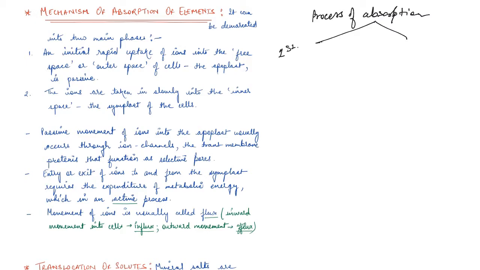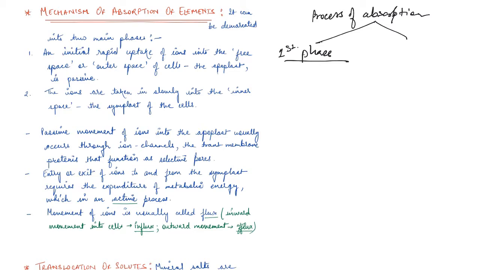Now, in the first phase, what happens? In the first phase, there is an initial rapid uptake of ions into the outer space of cells, which is the apoplast.